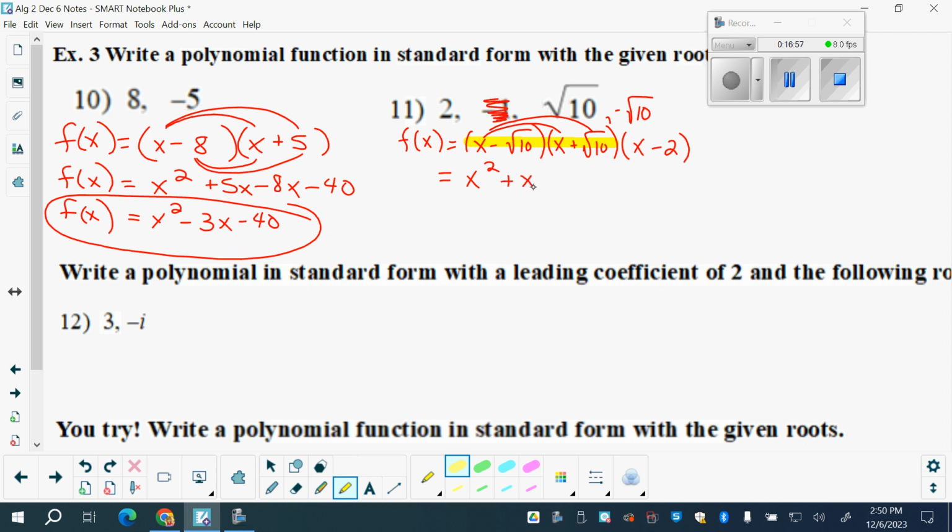I'll put the x in the front. Good. It's just clearer if we put that in the front. I know that's the hard part.